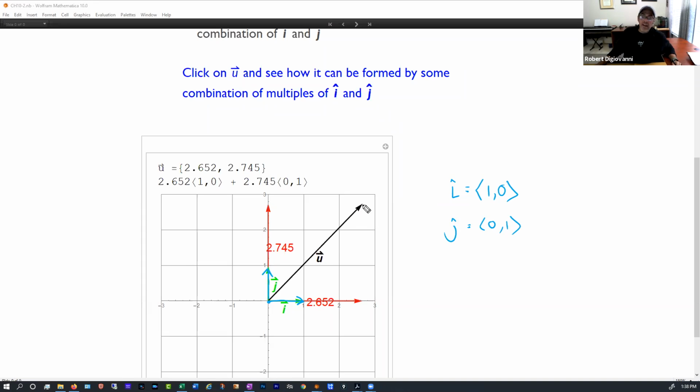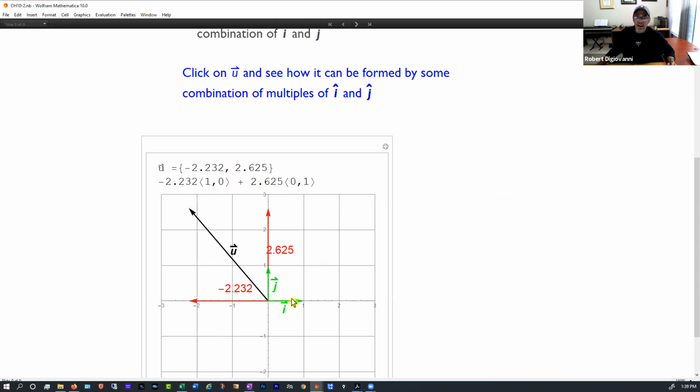I can always create U by somehow scaling I. So in this case, I have to take I and multiply by 2.652, which creates this longer vector, and then take J and multiply it by 2.745 and make it longer. Now, if I attach I to J, either tip to tail or tail to tip, it doesn't matter, I'm going to create that vector U. Does that make sense? No matter which vector you ever draw me, I don't care where it is in two-dimensional space, I can always use I and J to create that vector.